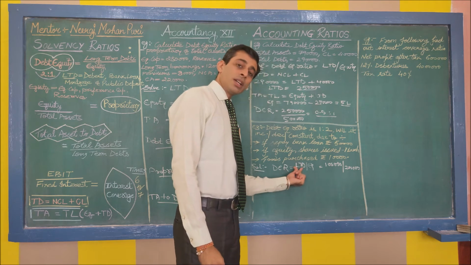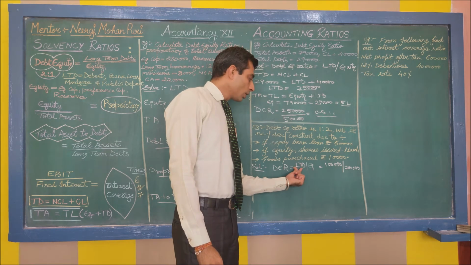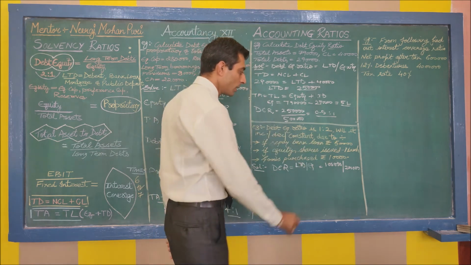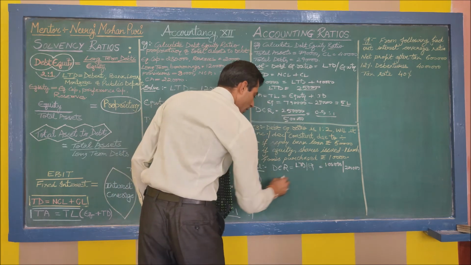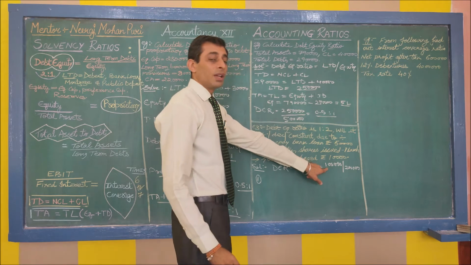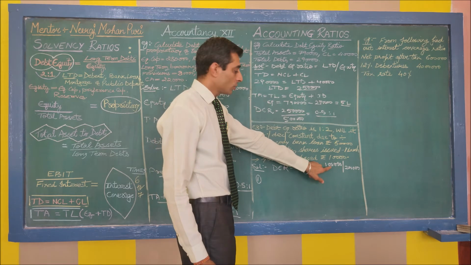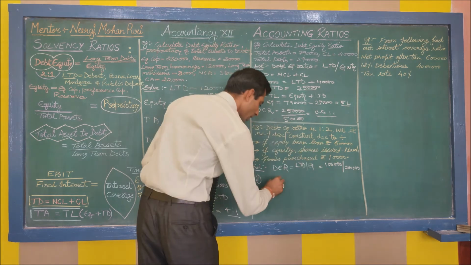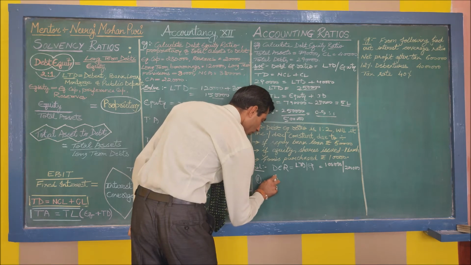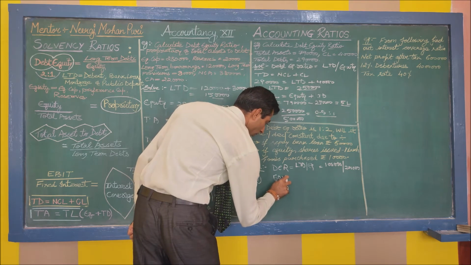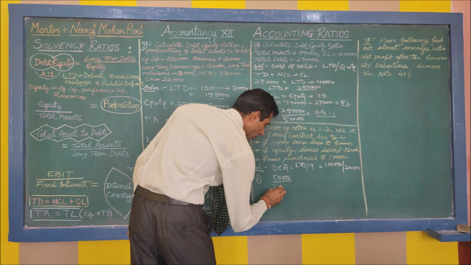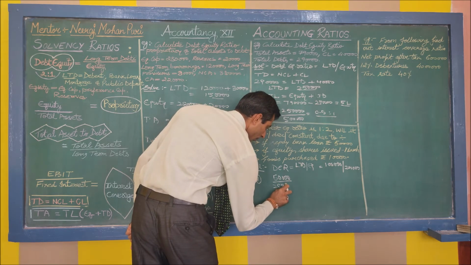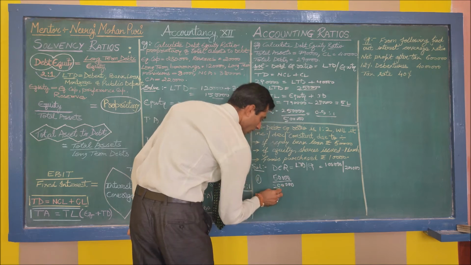Here we do not have current assets in the ratio, we have only long-term debts. After the payment of 50,000 in the first situation, our long-term debts will reduce by 50,000. So 1 lakh minus 50,000, we are left with 50,000, and the denominator remains the same, 2 lakh. So what is the result?